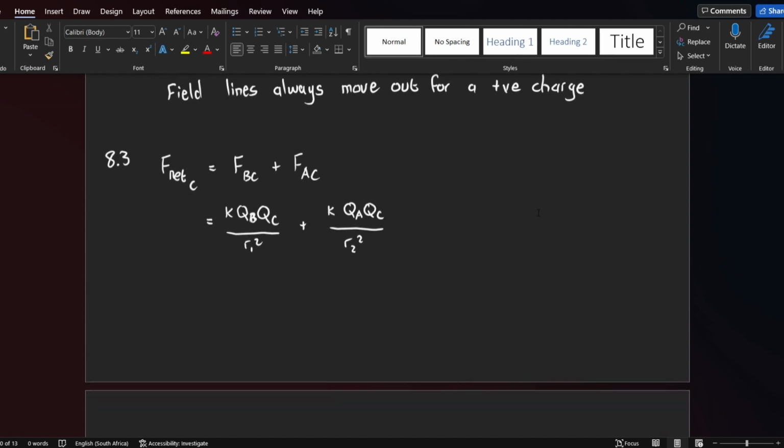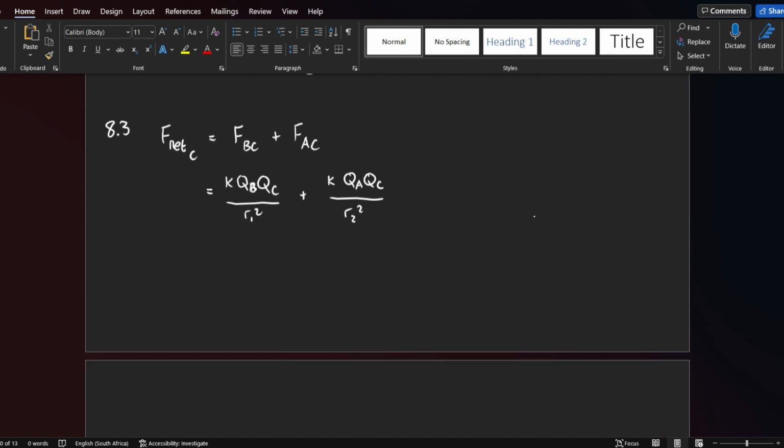Okay, so substituting values for those, we know k and Q C are the same in both cases, so we can actually take that out as a highest common factor. So k will be 9 times 10 to the power 9, it is a constant, and we have Q C, which is 100 microcoulombs, and Q A and Q B are in fact the same as well, so we can take those out as a factor as well.